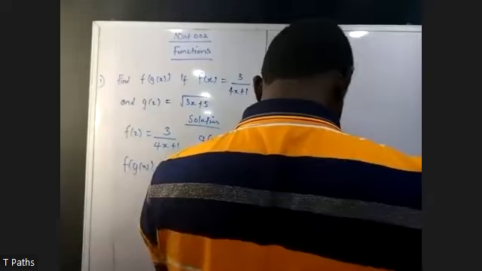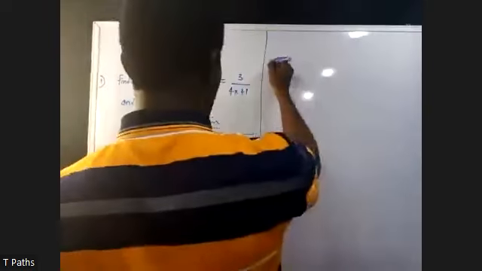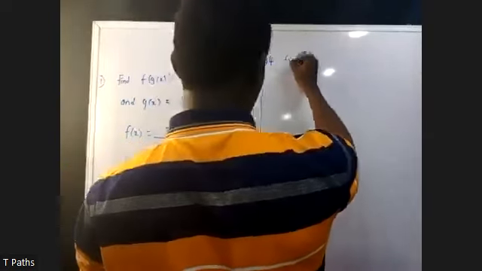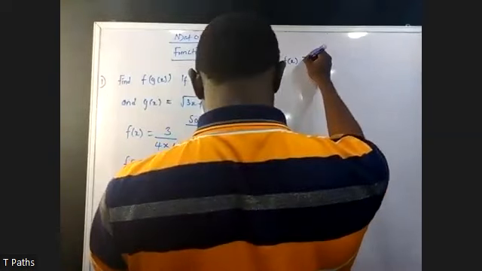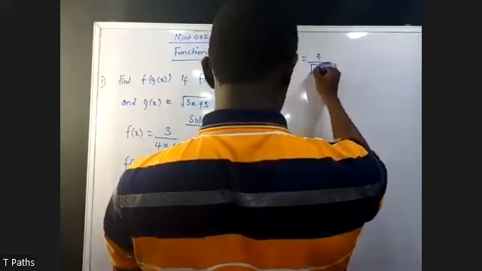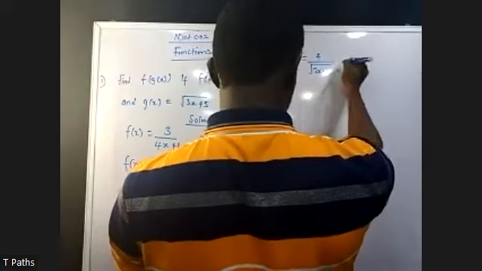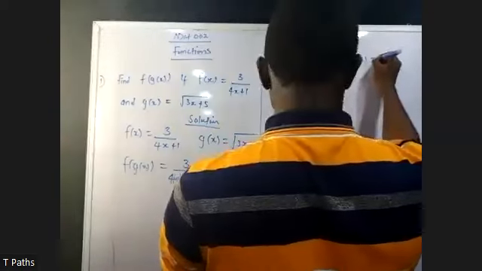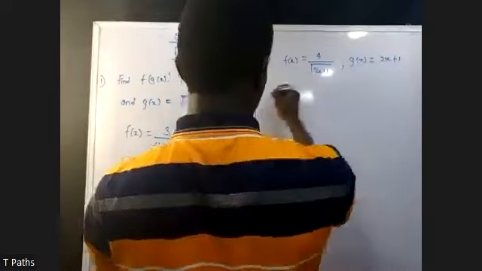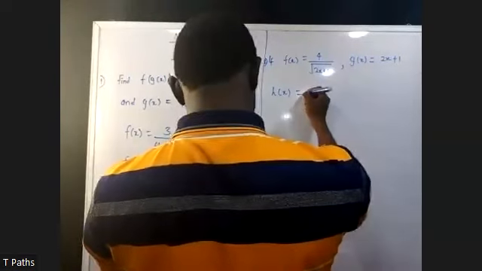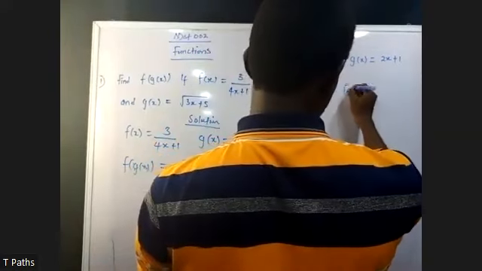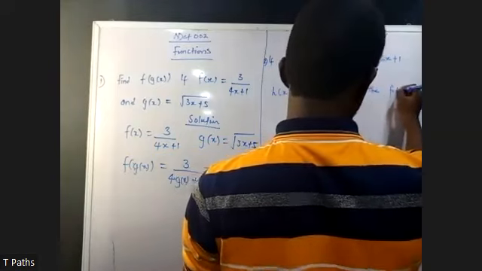They said, number 2, f of x is equals to 4 over square root of 2x plus 1, g of x is equals to 2x plus 1, h of x is equals to x minus 5. Find the following.